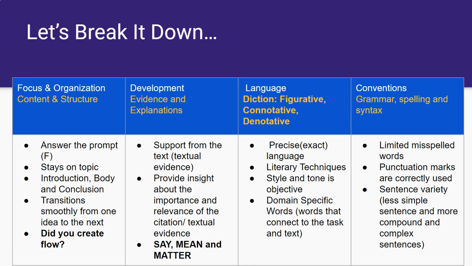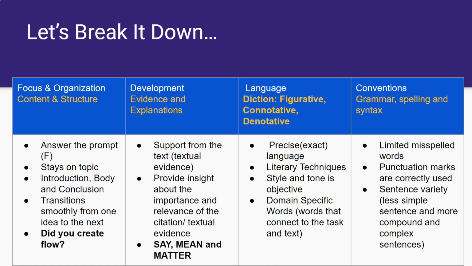But what do I mean when I say development or evidence and explanation? You're going to have to support what you're saying from the text. We need textual evidence. And then your textual evidence needs to provide insight about the importance or the relevance of what you're speaking about.